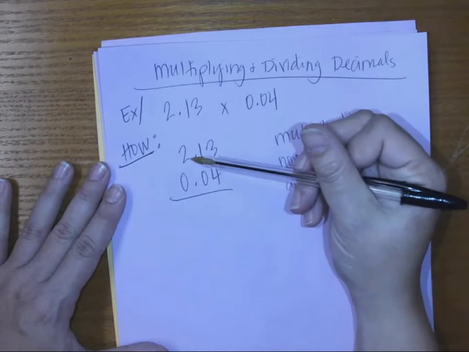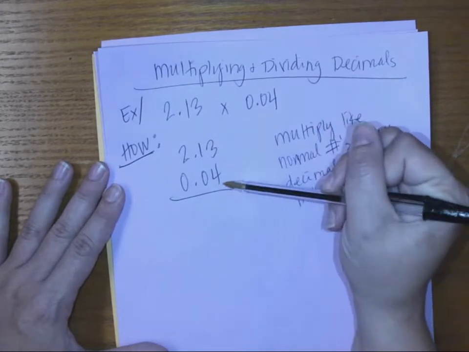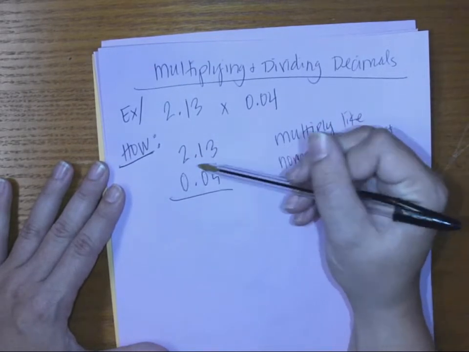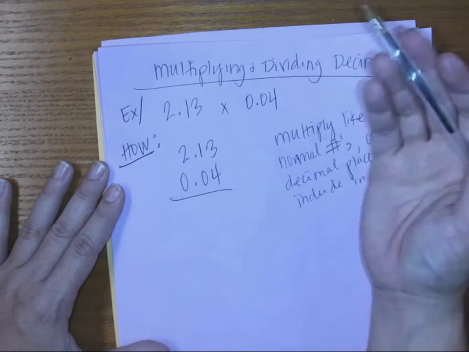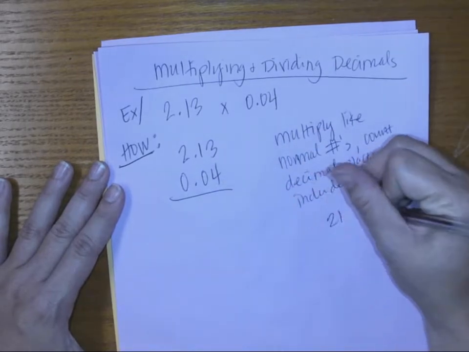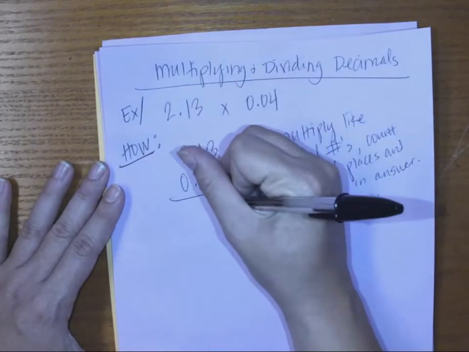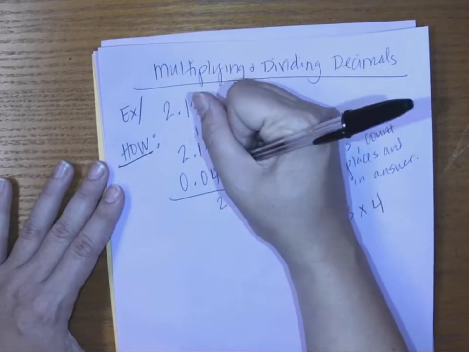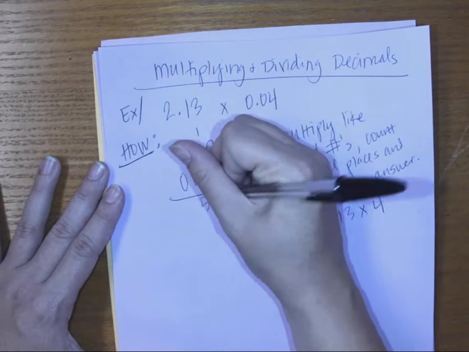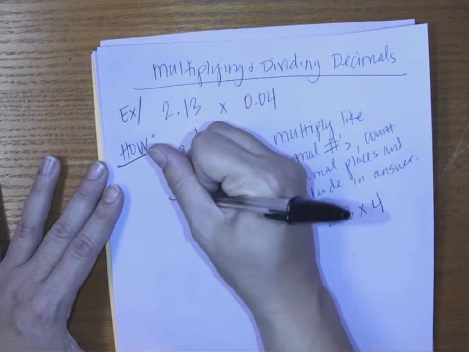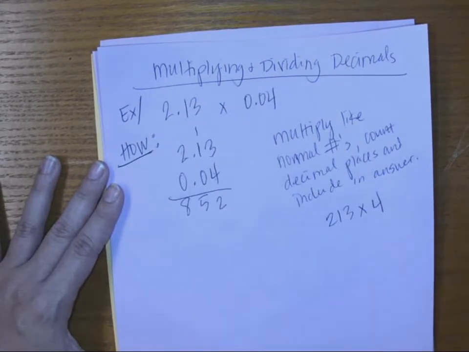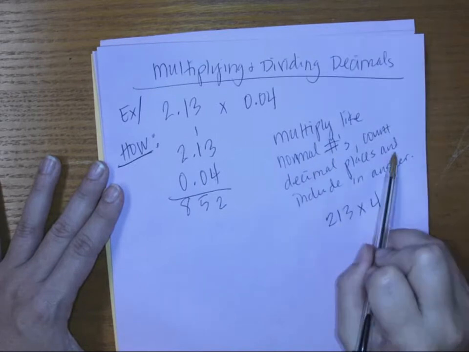In this case, I just multiply 213 times 4, because I don't care about the zeros in front of the 4. I don't care about the decimals. 3 times 4 is 12, carry the 1. 1 times 4 is 4, 4 plus 1 is 5, 2 times 4 is 8, so 852. And then at the end, count your decimal places.